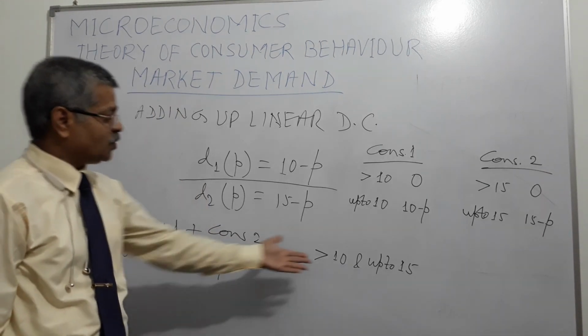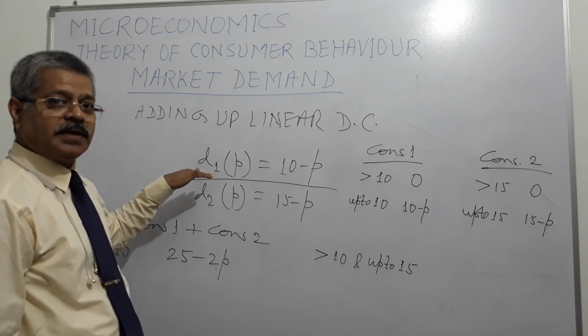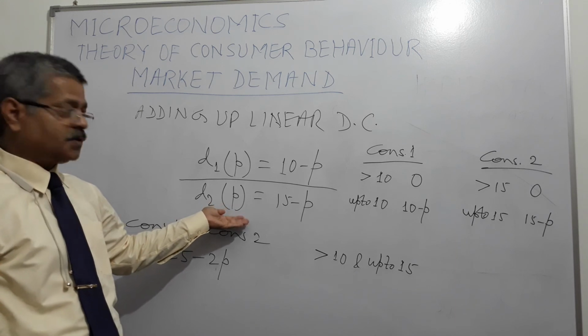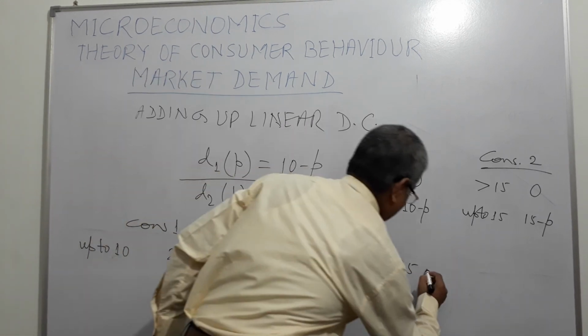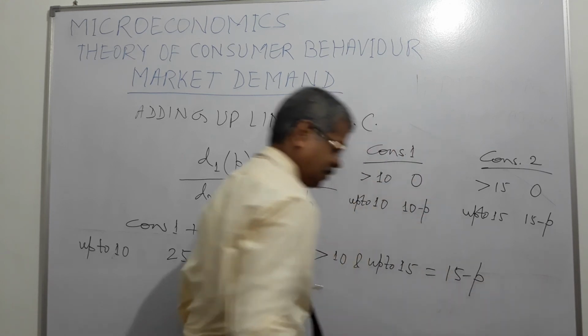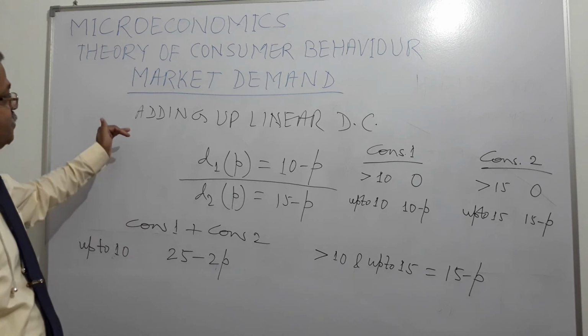What is the demand? More than 10, consumer 1 is out. Up to 15, consumer 2 is in. So that demand is 15 minus p. I hope you got it. I tried to make it very clear.